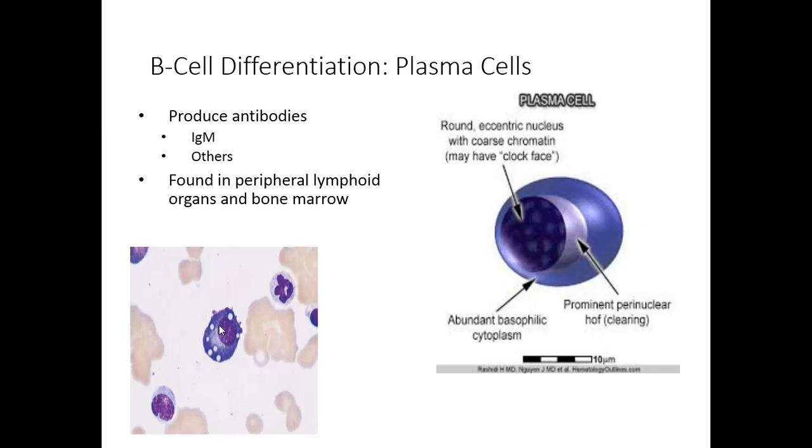Normally, you're not going to see these out in the peripheral blood under normal circumstances. If you have a very high immune response, kind of a chronic immune response, you may see them. You may see them in another form where they're kind of halfway between a lymph and a plasma cell. You'll see them when you do hematology. They're called a reactive lymph.